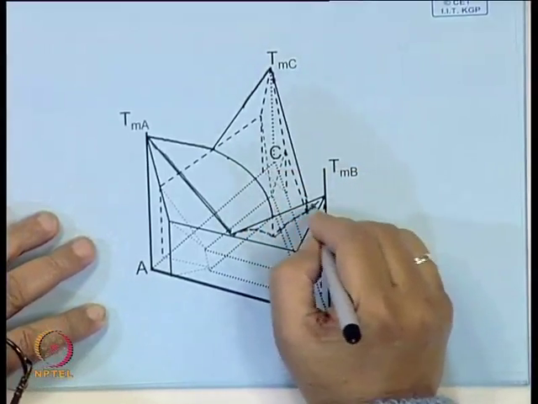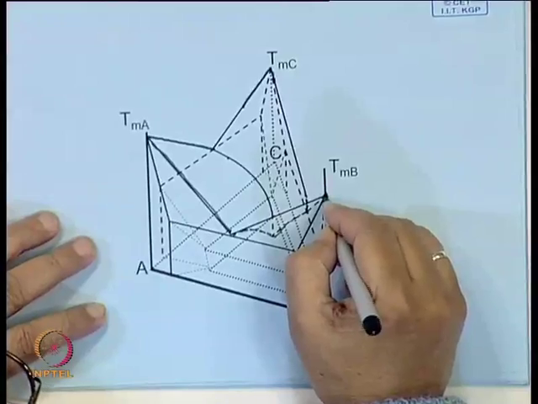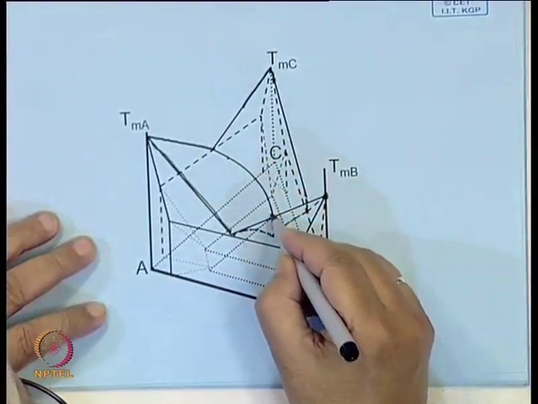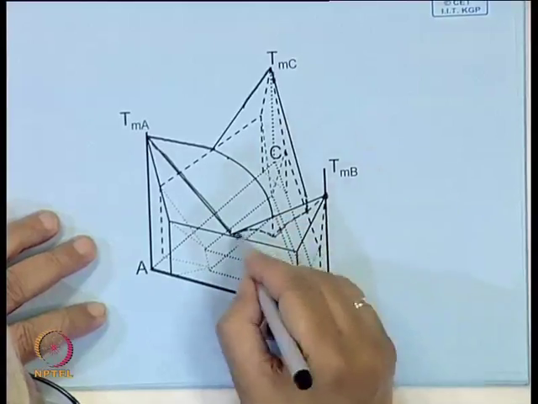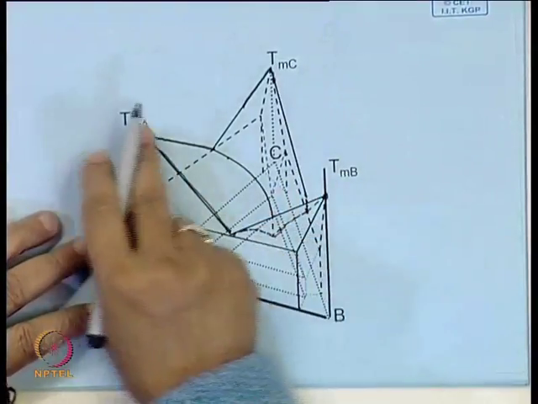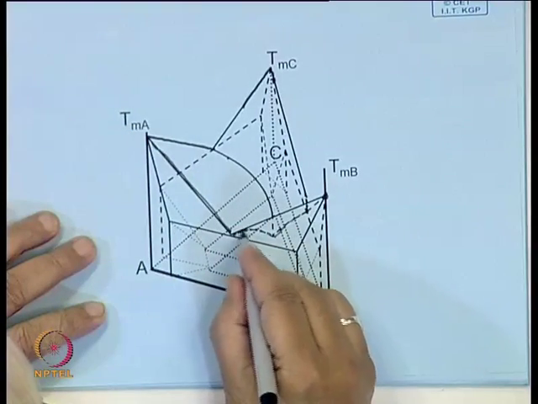Similarly, a third surface will be from the melting point of B, and two of these will meet along a curve like this. Similarly, one surface coming down from the melting point of B and one coming down from the point TMA will meet along this.